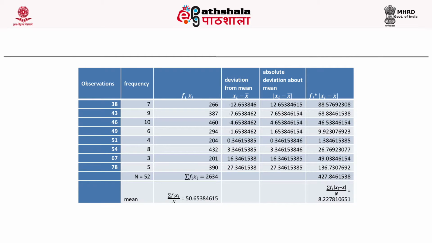After multiplying frequencies with this fourth column and taking the summation, the value comes out to be 427.84. Now divide this sum by capital N, and the answer comes out to be 8.22.